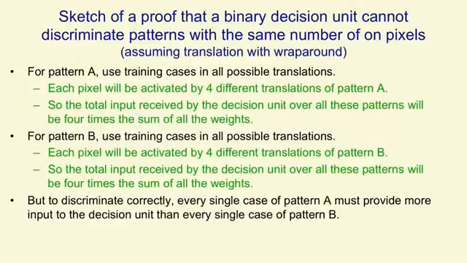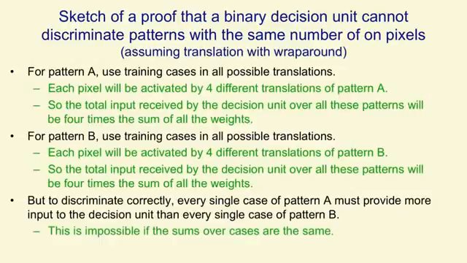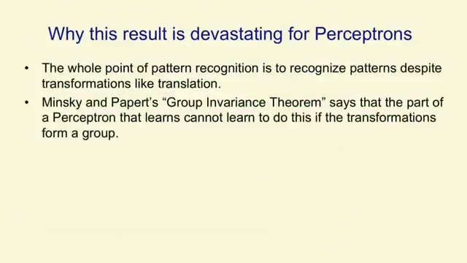That's a particular case of Minsky and Papert's group invariance theorem. And that result is devastating for perceptrons. It was historically devastating, because the whole point of pattern recognition is to recognize patterns that undergo transformations and see that they're still the same pattern despite the transformation. Like, for example, translation.